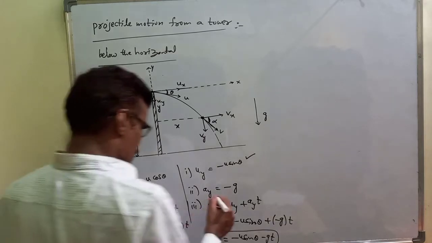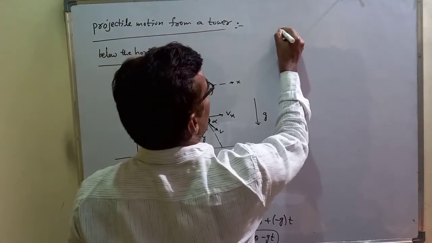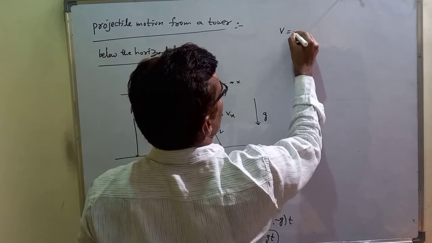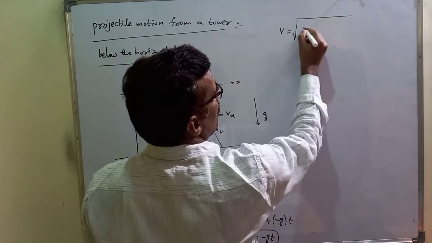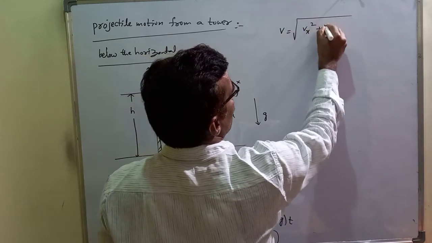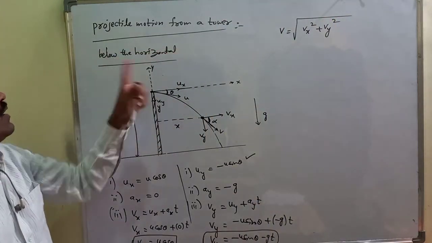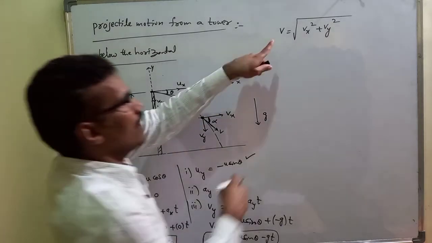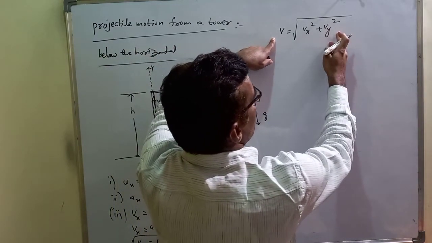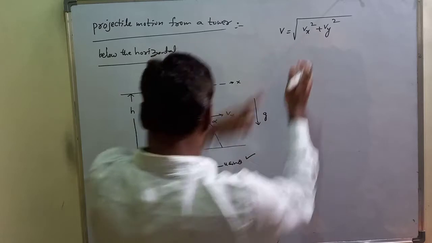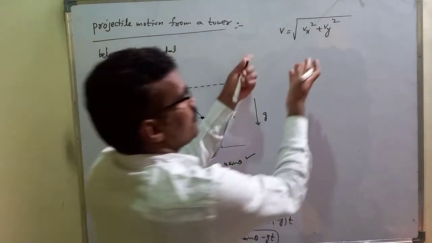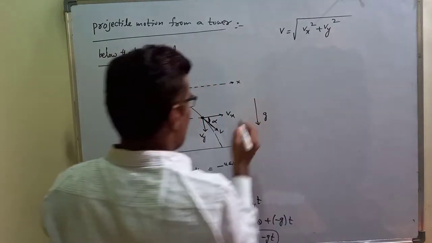Then what about its magnitude? The magnitude of the speed or velocity is similar to above the horizontal. V equal to root over Vx square plus Vy square. We know Vx, we know Vy, substitute and we get the answer.